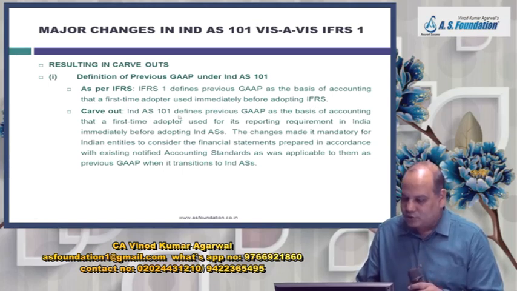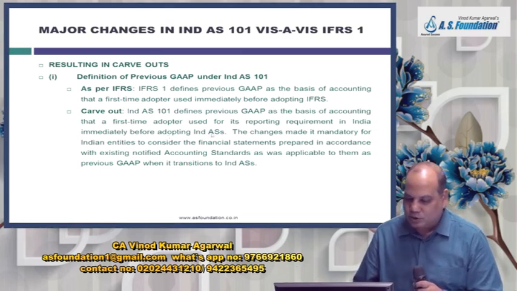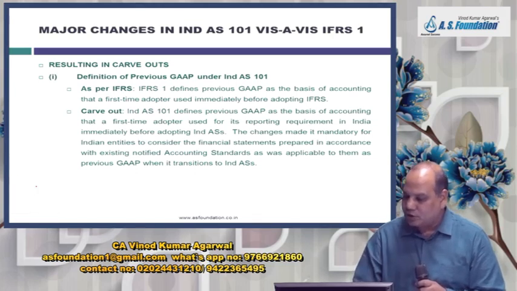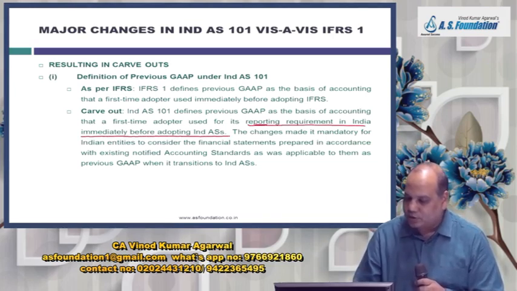But in Ind AS 101, they have mentioned previous GAAP as the basis of accounting that a first time adopter used for its reporting requirement in India immediately before adopting Ind AS. So this is what they have added: reporting requirement in India immediately before adopting Ind AS.